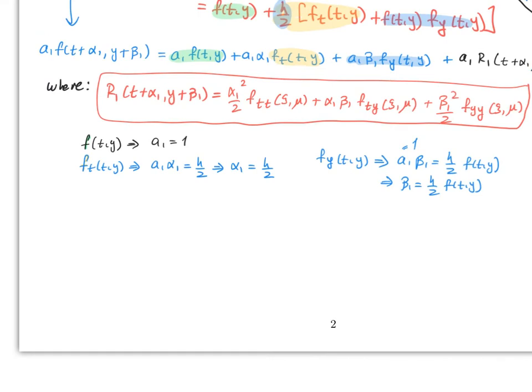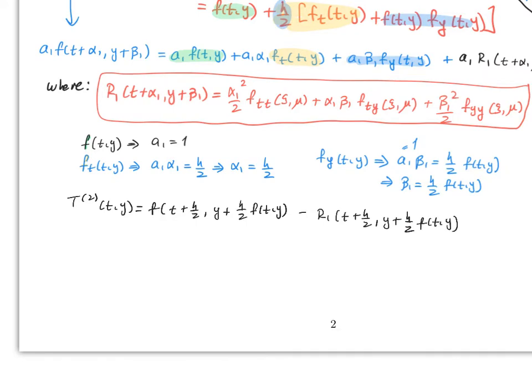So that implies the t2 evaluated at t y is equal to f of t plus h over 2, y plus h over 2 f of t y, minus r1 of t plus h over 2, y plus h over 2 f of t y.